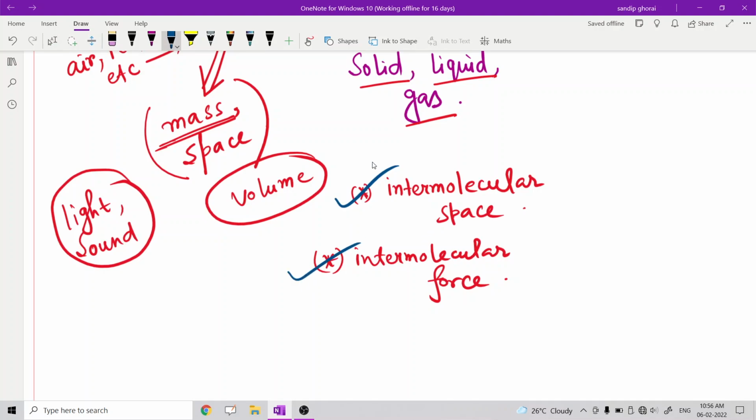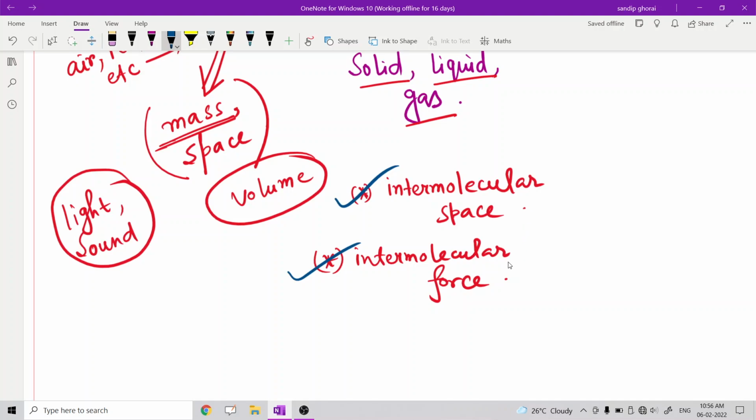That is why a solid has a perfect shape, size, and volume, whereas liquid has only volume but no shape or size. Similarly, gas has no shape, no size, and also no volume.